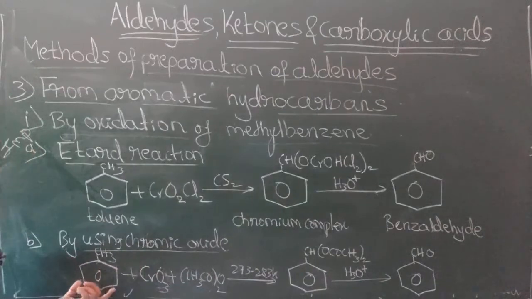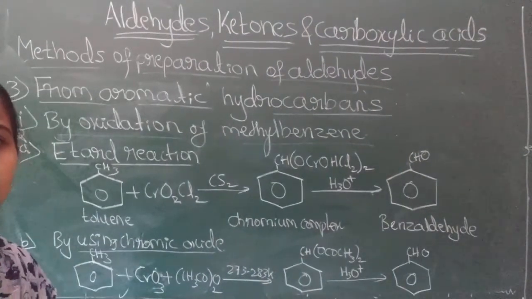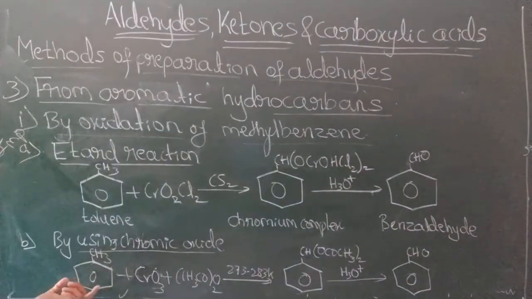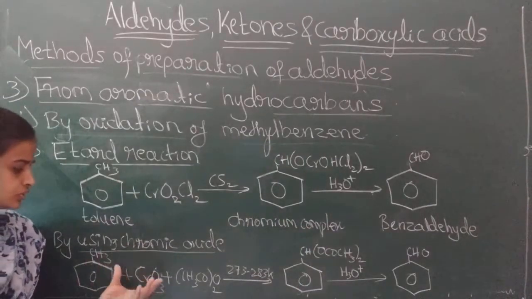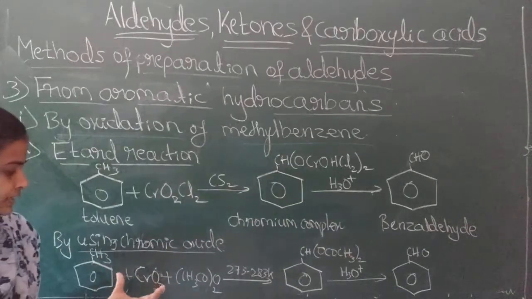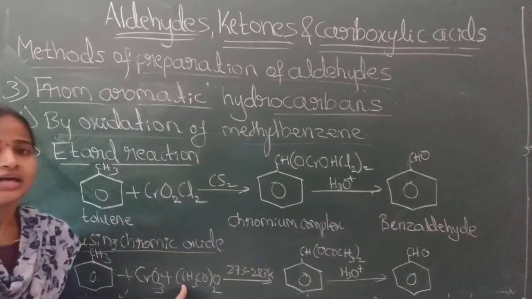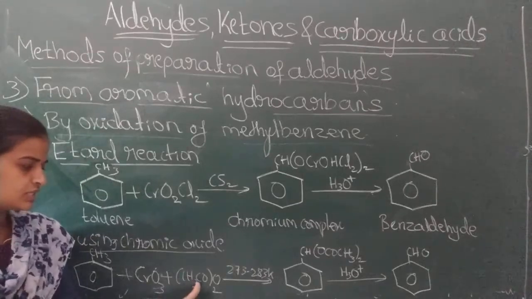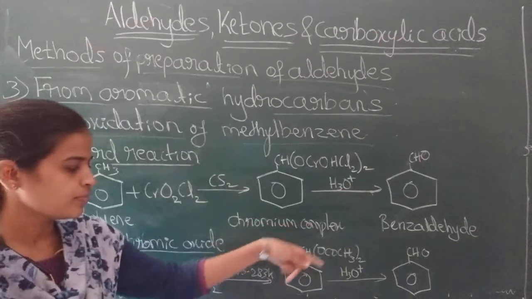When methyl benzene or toluene is made to undergo treatment with chromic oxide, CrO3, and acetic anhydride, (CH3CO)2O, by maintaining the temperature, this complex is formed.